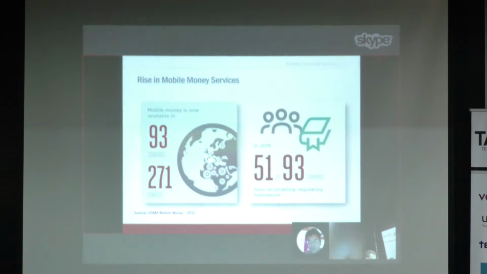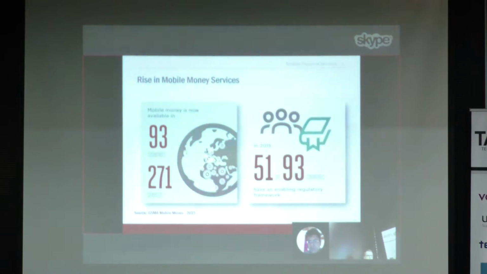What we've seen is that there are 93 countries that have these services available. And out of those 93 countries, there are 271 live services operating mobile financial services that have an electronic money wallet in their phones, right? Out of these 93 countries, 51 have enabling regulatory frameworks.